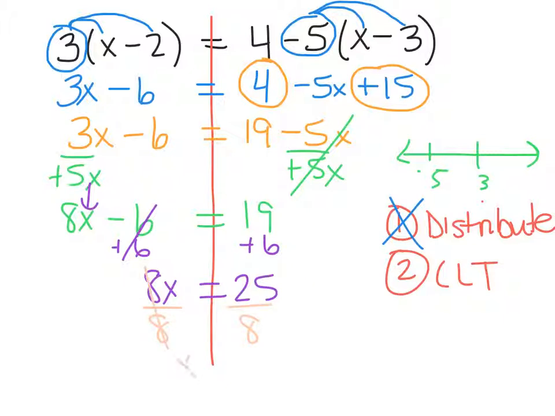So x equals, and if I set up my long division over here, 8 goes into 25 3 times, so my big number is 3. 3 times 8 is 24. Subtract, and we have a remainder of 1 over the denominator stays the same, which is 8. So the answer is 3 1/8.